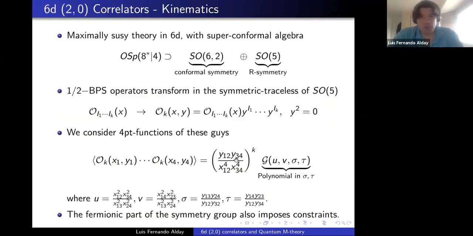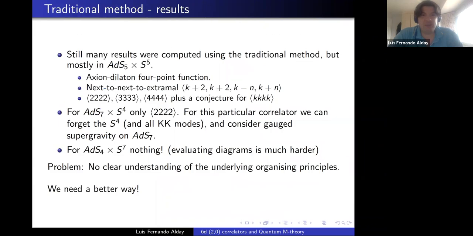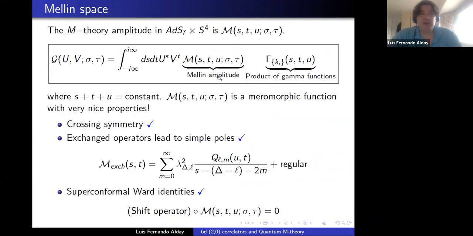But the solution is that it is this Mellin amplitude, the one that we should interpret as the M-theory amplitude on AdS7 cross S4. So this is the amplitude that we will be interested in computing.